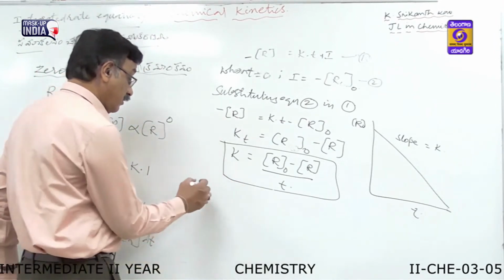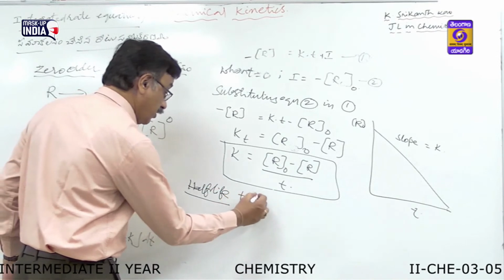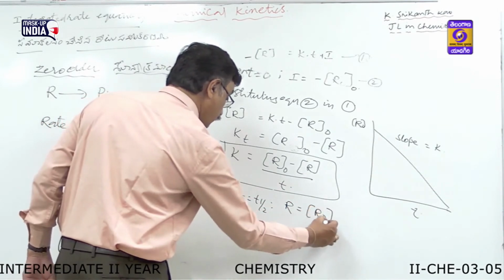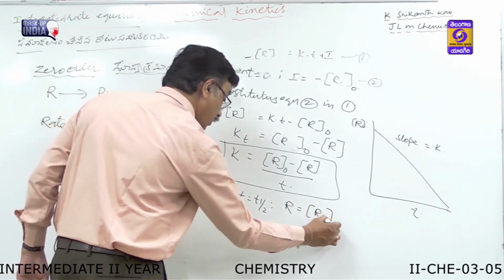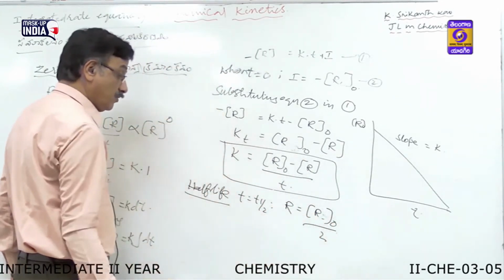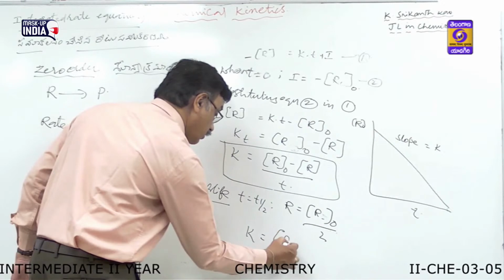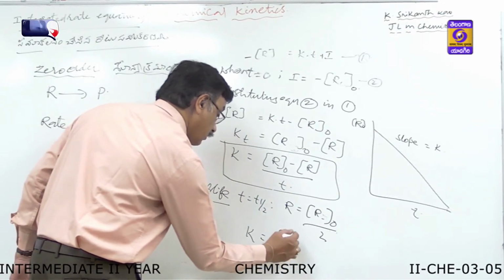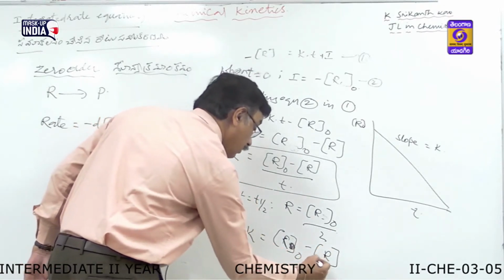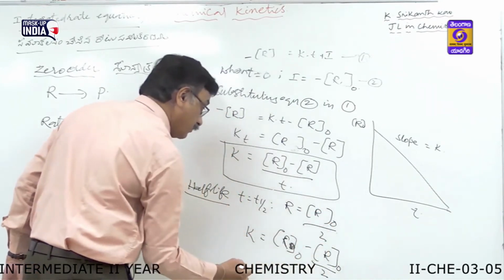సో ఇక్కడ if we calculate that half life, t equal to t half, then R equal to R naught by 2. Initial amount of substance is R naught. Then if we divide by 2 it is R naught by 2. So substituting in this equation, k equal to R naught minus R, which is nothing but R naught by 2, divided by t.